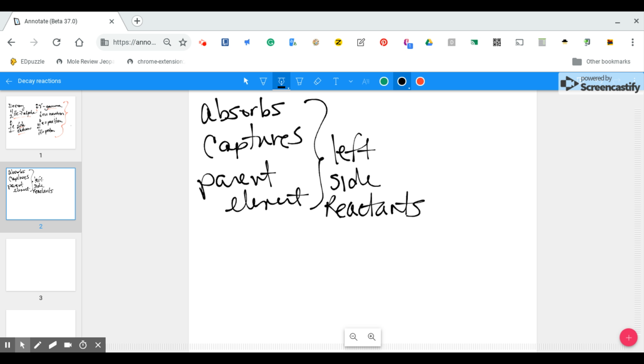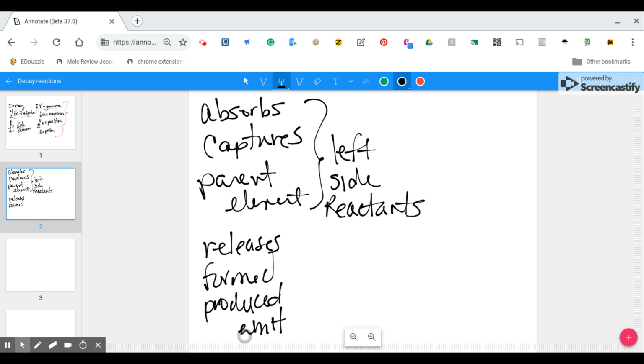If you see something where it says it releases, it's formed, produced, emits, all of these things go on the right side because these are products.